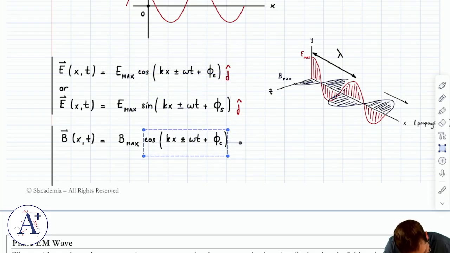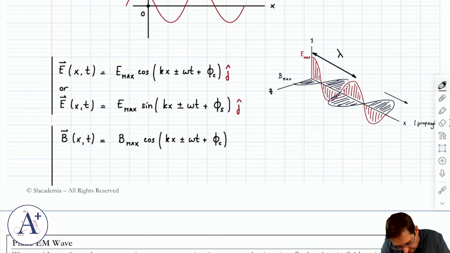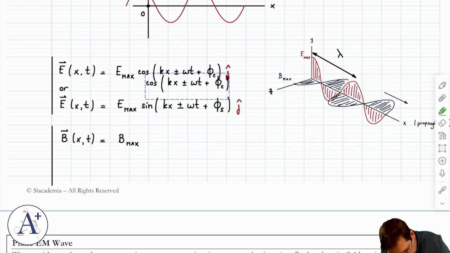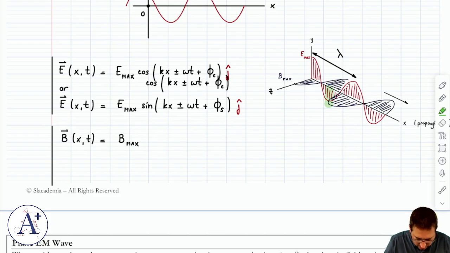No different, right? So you've already found k, omega, phi, and everything. So it's going to be the same thing because E and B are in sync, right? When E is max, B is max. When E is 0, B is 0, right? When E is minus E max, B is minus B max, right? So it's going to be important to reflect that.